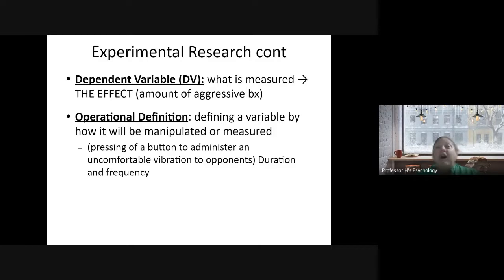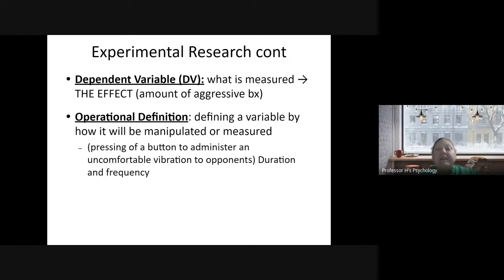Their opponent is not actually real. It's just a computer. So we're not really making somebody have an uncomfortable sensation. But our participants don't know that. They are blind, and we'll talk about what that is later, to knowing whether or not there's a real opponent on the other side.